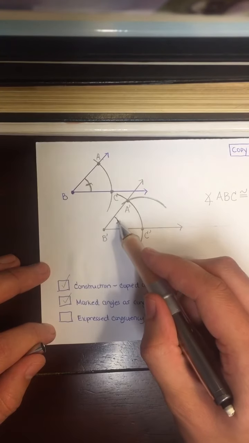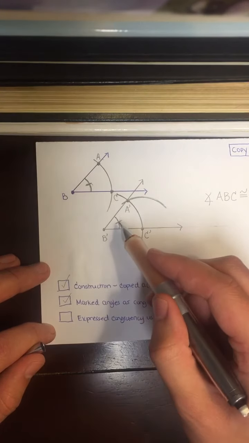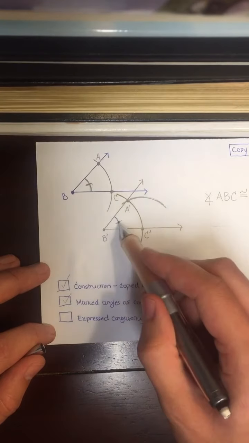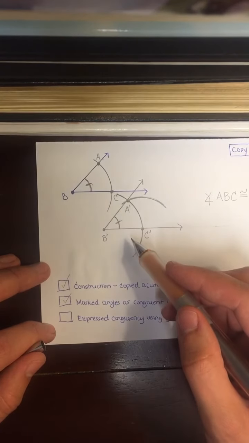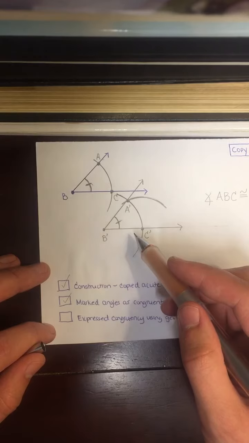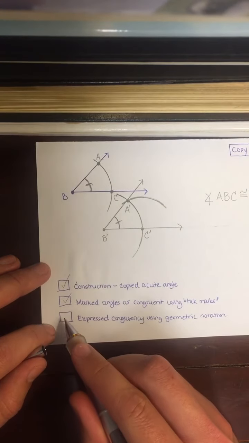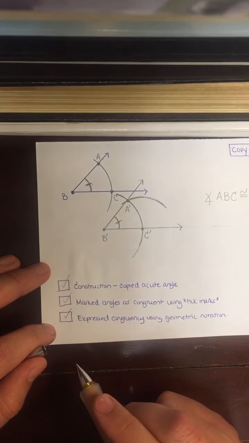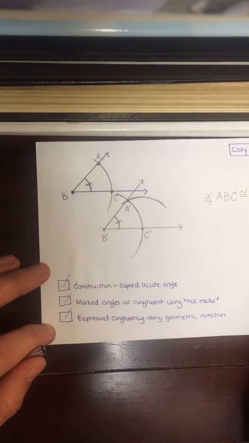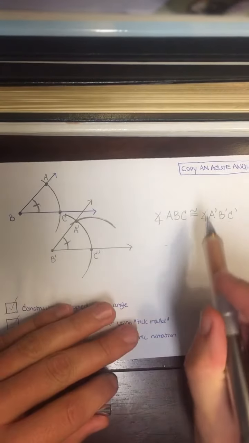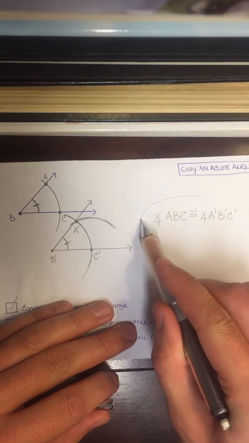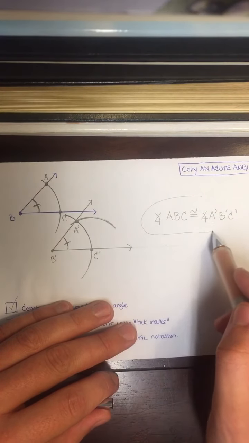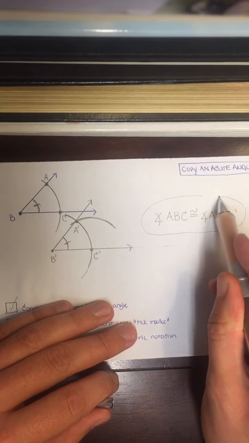And down below, this angle here also has one tick mark. And because they both have one tick mark, those two angles are congruent. The last thing is that I expressed congruency of my angles using geometric notation. So that sentence I created over here, angle ABC is congruent to angle A prime, B prime, C prime.